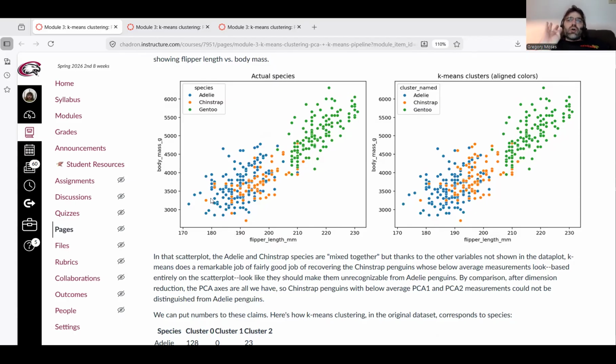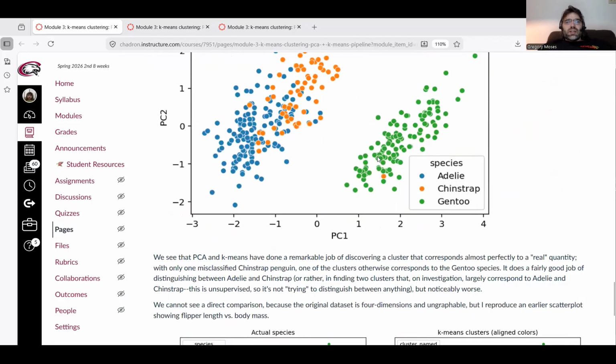If we could look at all four dimensions, it would be close to some other chinstrap penguins, and that would allow us to get into the chinstrap cluster. Again, I'm speaking about this very loosely. There is no chinstrap cluster. There's a cluster that seems to roughly correspond to chinstrap penguins.